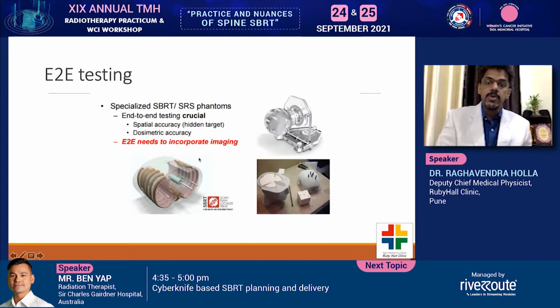The only requirement is you should be able to place the film in it, place the chamber of your measurement technique in it, and make an immobilization for that phantom. Go through the normal procedure of how you would treat a spine patient. Do the immobilization, do the CT imaging as per the protocols. If you want to go for MR, go for MR and fuse them also, and do the contouring.